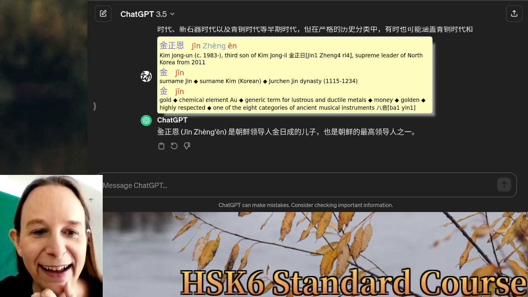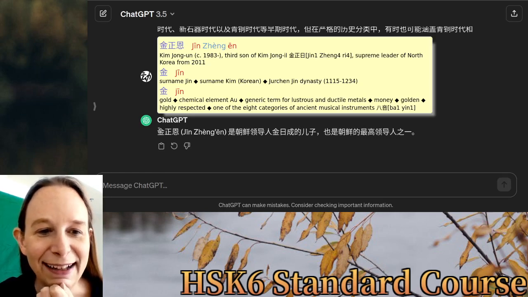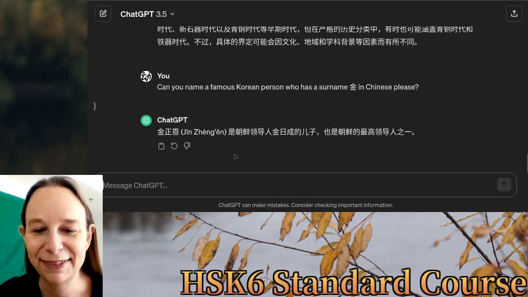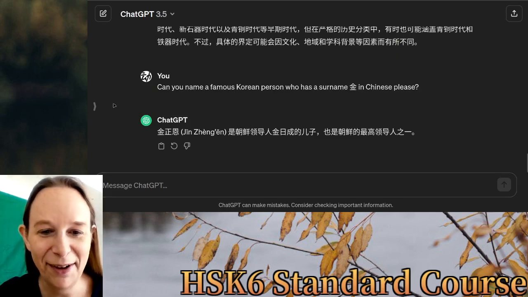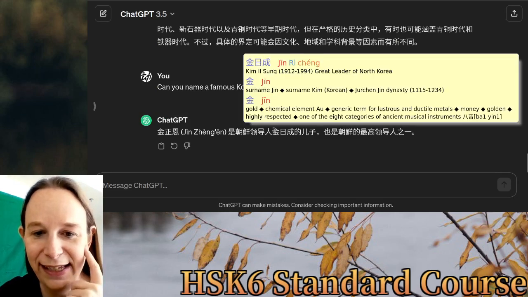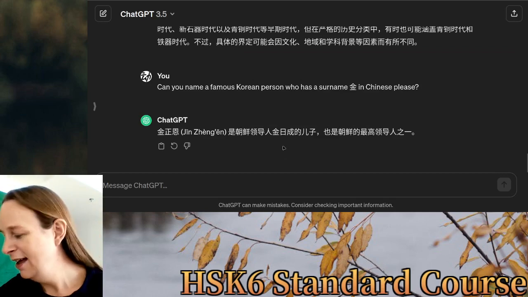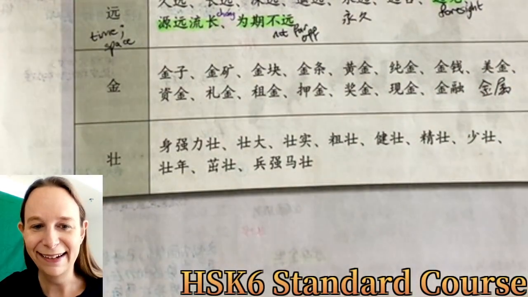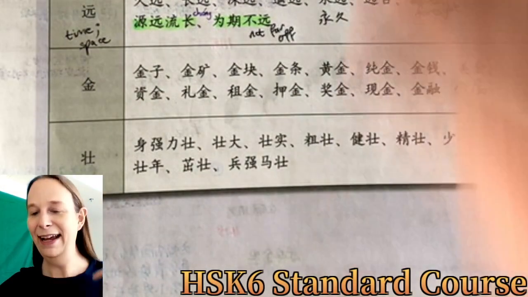Oh, okay. Supreme Leader of North Korea. There you go. Wasn't what I was expecting. I was hoping to get something less political, but all right. Kim Il-sung. There you go. So that's where I see it a lot, in Korean surnames in particular.